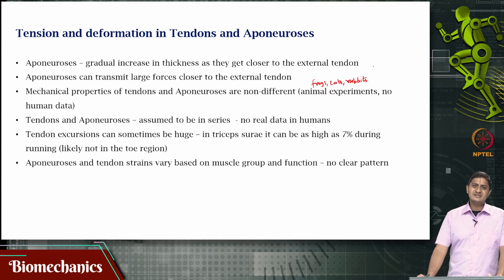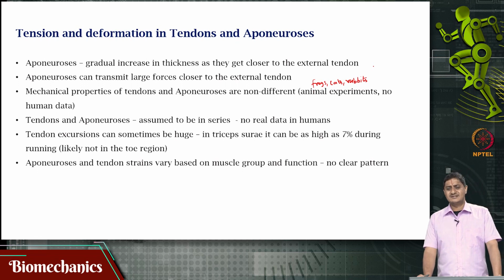Also, one more thing is that the properties of aponeurosis and tendons and their strains vary based on which muscle group and the function performed by that muscle group. Is it a finger muscle? Is it a leg muscle? Is it a back muscle? Is it a breathing muscle? Tendons of different muscles perform different functions.